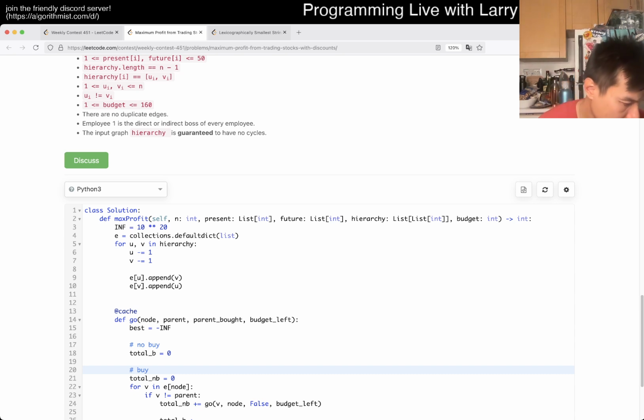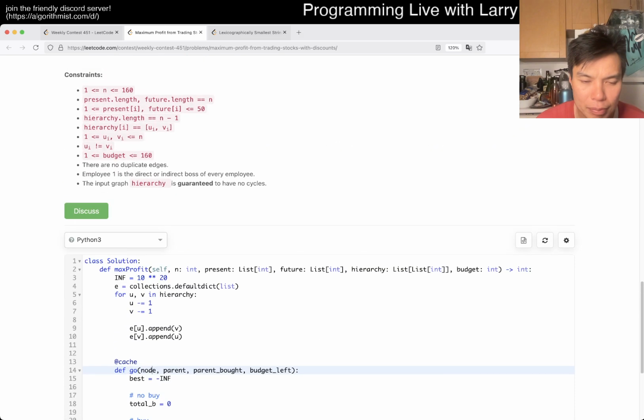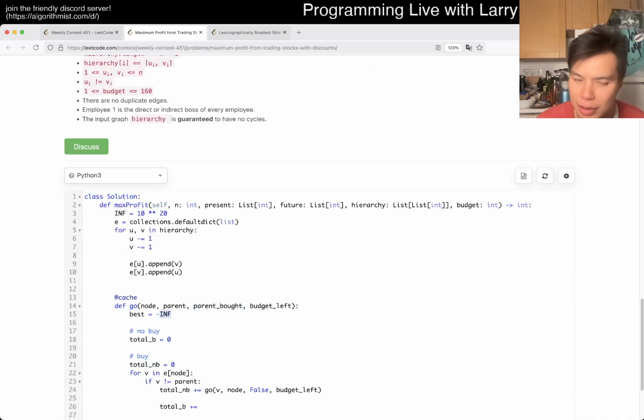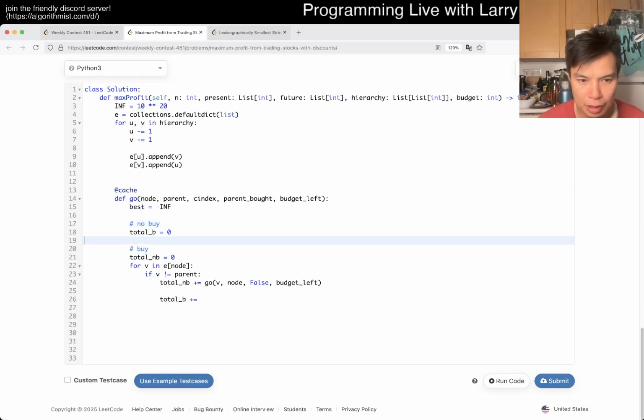I mean, okay. But is that math good enough? Okay, I think I get it, but it's still tricky. So node is 160, parent doesn't matter, parent bought is 2, and budget left is 160. So then now we just have to add in another one, which is the number of the child, right? So child index, say, okay, right? Yeah, that's not right. I mean, okay, that's why they want to do DFS first, I suppose.